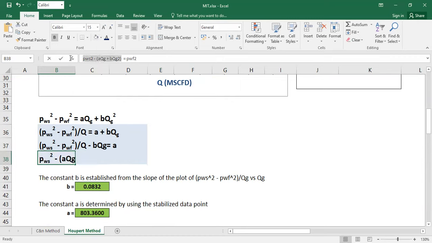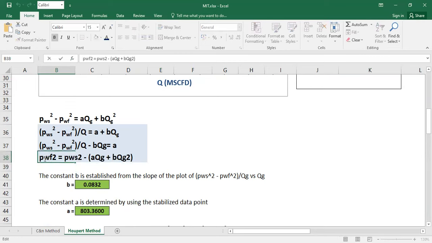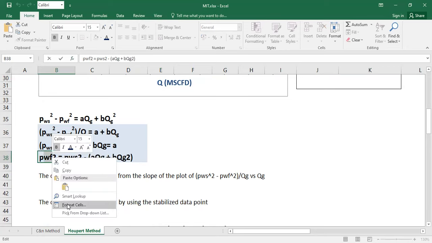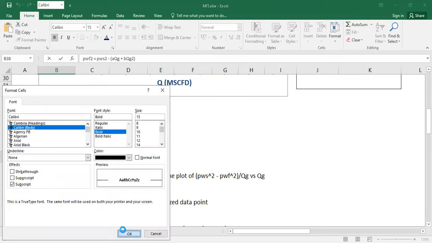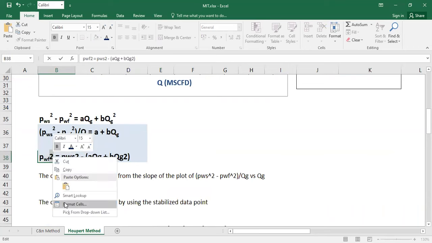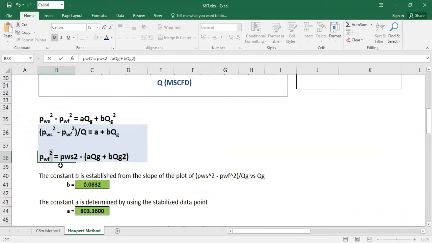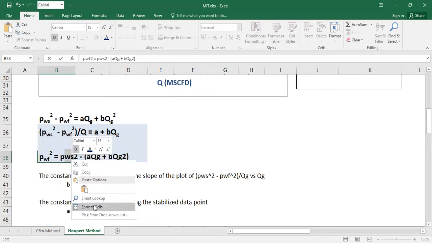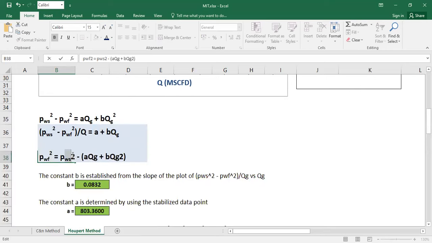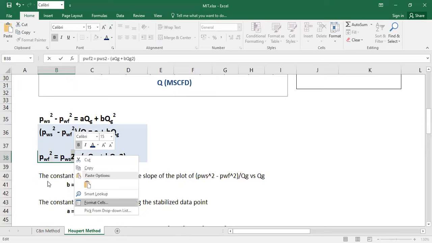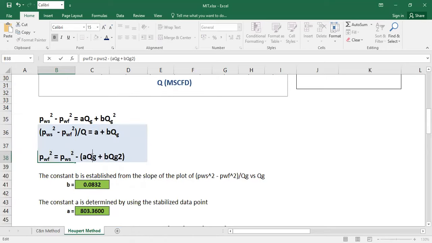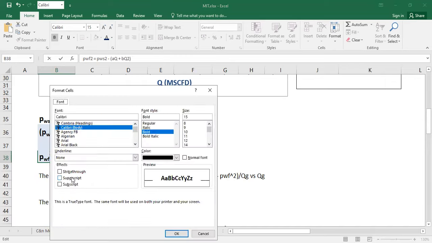Okay, and then maybe it's better to look, yeah, this one. And then let me do it, yeah, just for proper writing. Subscript, superscript, and then, yeah, I can erase the G. Okay.